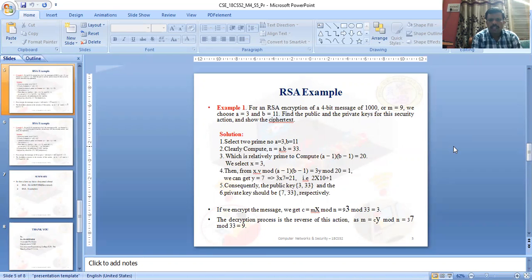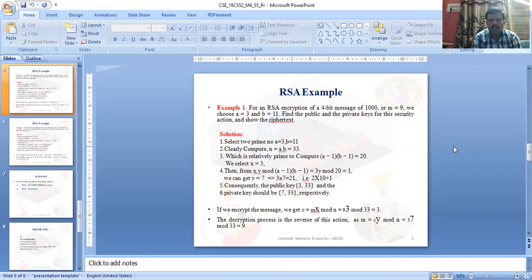So 7 into 3, guessing y as 7, gives 21. That is the reason: 10 into 2 is 20, plus 1 is 21. These are relatively prime numbers we have taken here. Consequently, the public key is 3, which is the x value, and 33, the computed value of n equal to a into b.